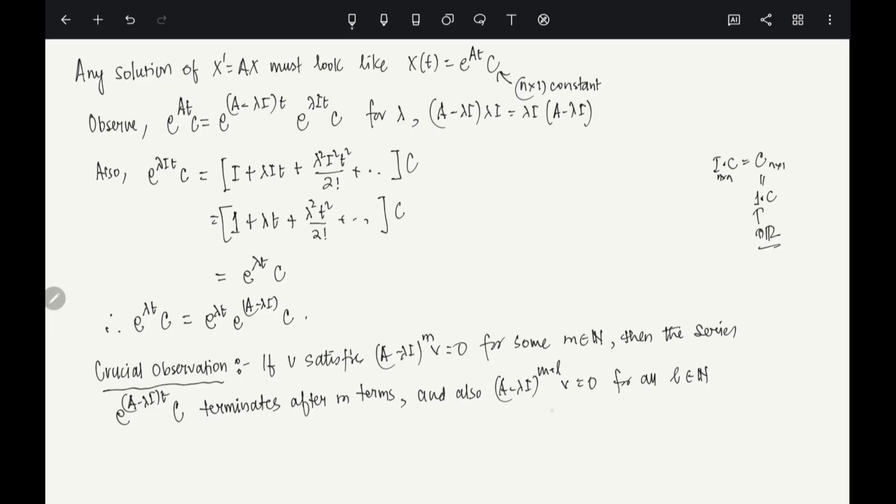I hope this is clear. Please check this part. It is not very difficult to see. Of course, it is true.